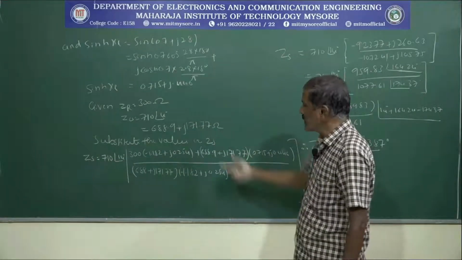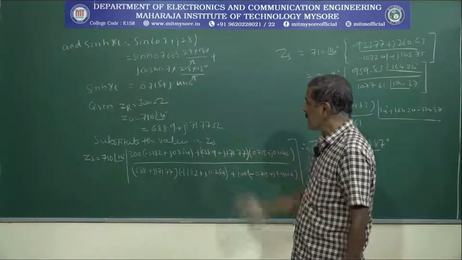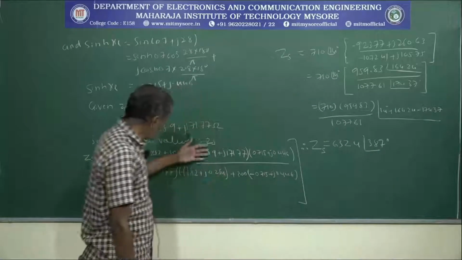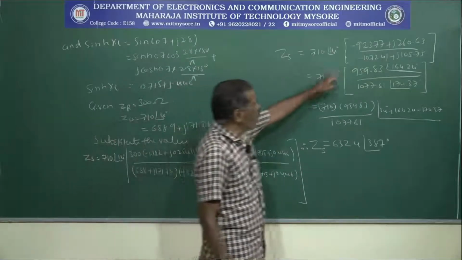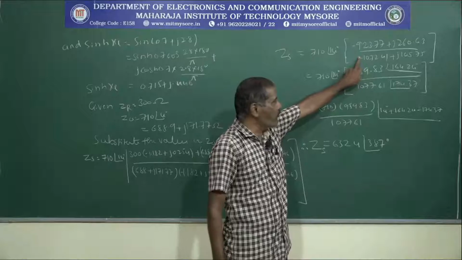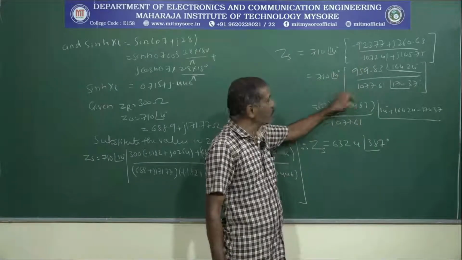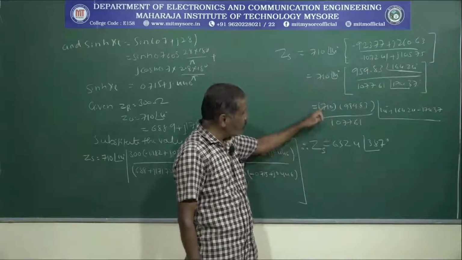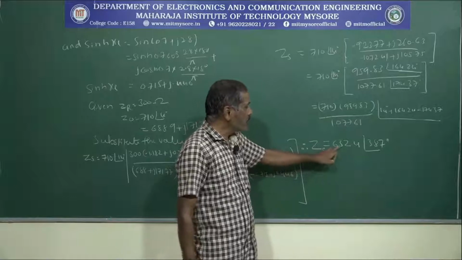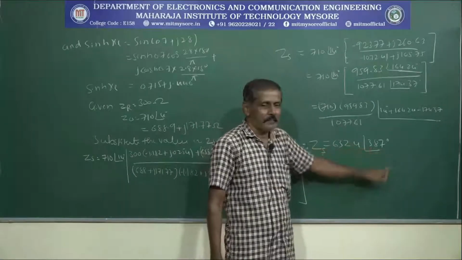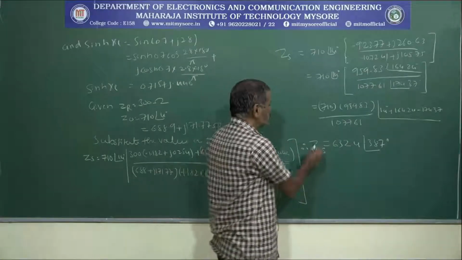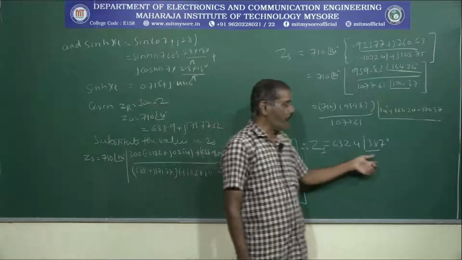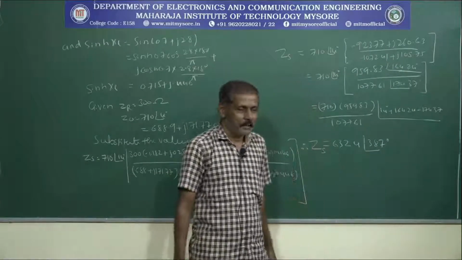These are the terms we get after substitution. Once you simplify, and further simplify, and simplify once again, we get 632.4 at an angle of 3.87 degrees. This is the impedance of the transmission line at a distance of 100 kilometers, which was asked.